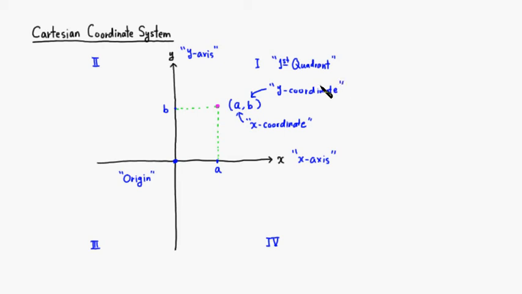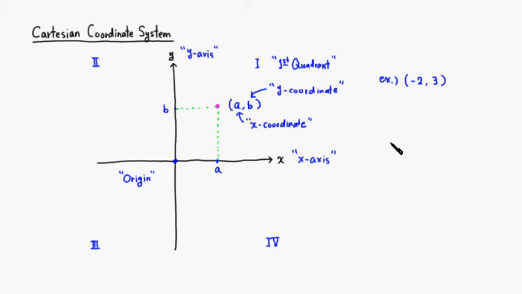For example, let's say you want to plot the point negative 2, comma 3, or something like that.